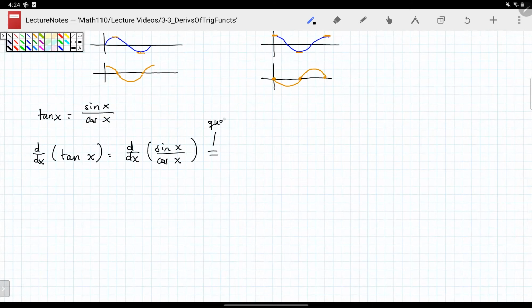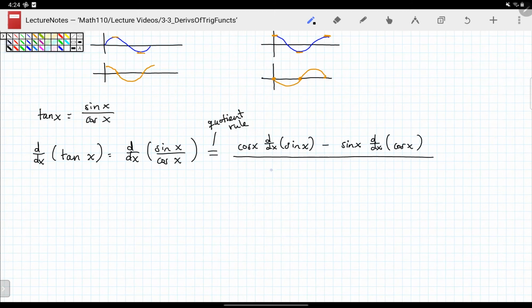So it's going to be bottom times the derivative of the top, so cosine of x times derivative of sine x, minus the top times the derivative of the bottom, so sine of x times the derivative of cosine of x, all over the bottom squared.